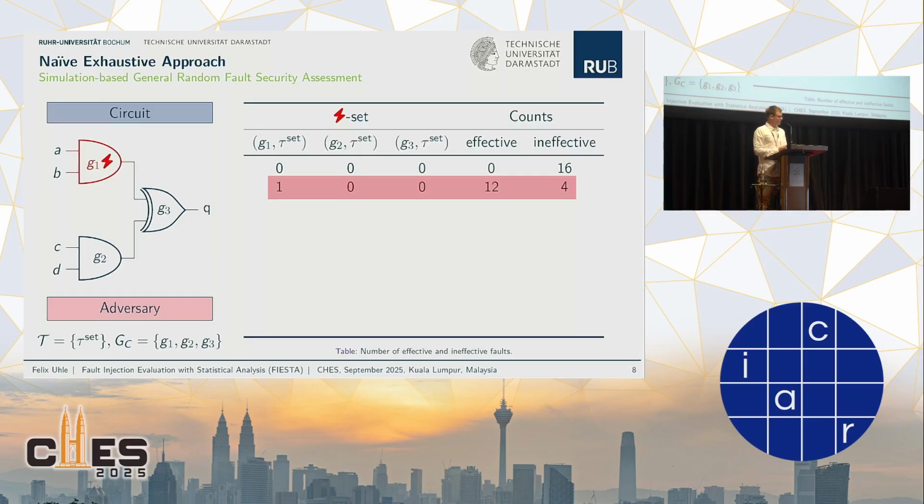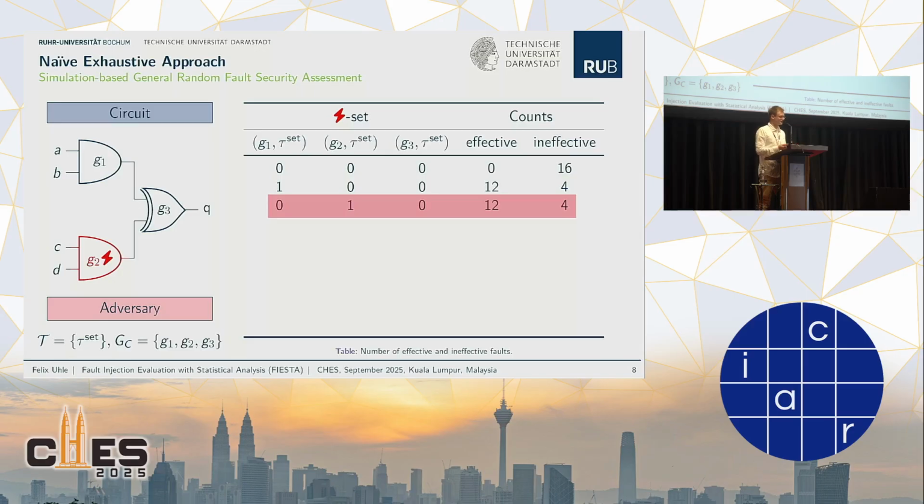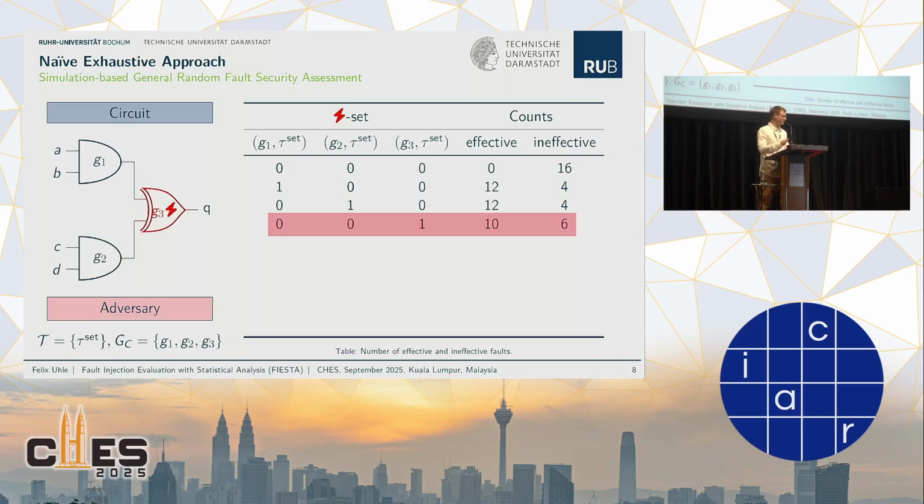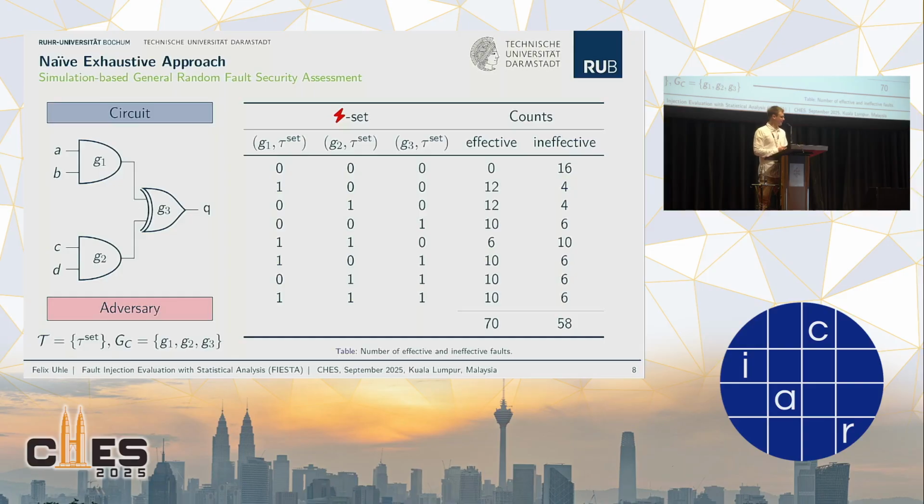When we fault G1, we have 12 effective faults, 4 ineffective faults. You can compute it by hand if you want. And for G2, the situation is the same since it's also an AND gate, also 2 inputs. For G3, it's a bit different, 10 effective, 6 ineffective, and so on. So we have to complete this table, and we will see that we have 70 effective faults.